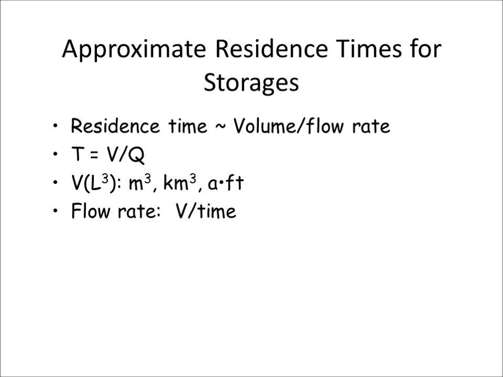Volume has the units of meters cubed, kilometers cubed, acre feet, any unit that really is a volume unit. And flow rate is expressed in units of volume per unit time. So it could be meters cubed per second, feet cubed per second, acre feet per day, or acre feet per year.